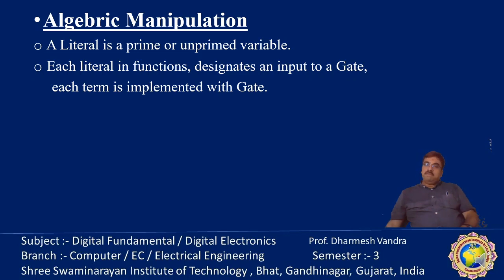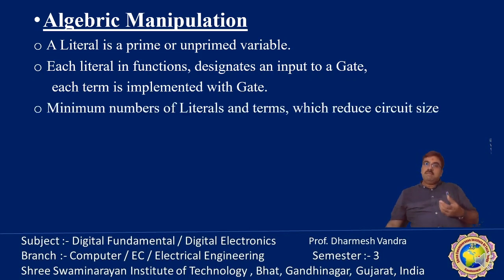Each term is implemented with a gate. A minimum number of literals and terms reduces the circuit size. Here the question arises: why is circuit size reduction required in digital? There are two main advantages. One, area will be reduced.